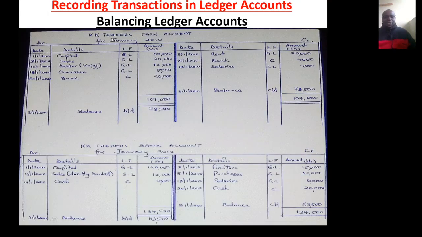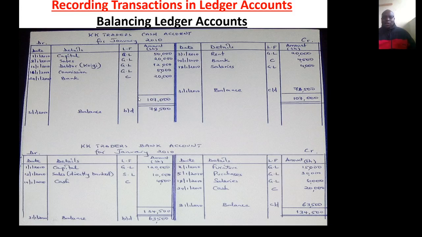What we mean is this, that if this debit side is having a higher amount than this side, we call the resultant balancing figure or account balance a debit balance, because it means that this side is higher than this side by 78,500. We are inserting this figure here so that we establish the difference.